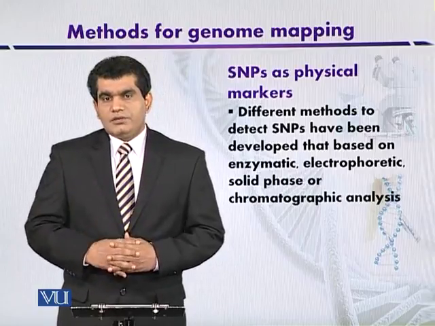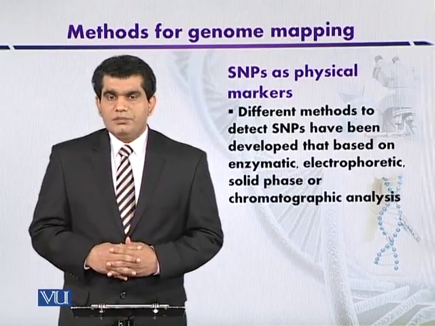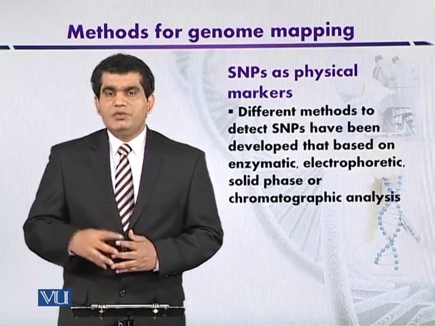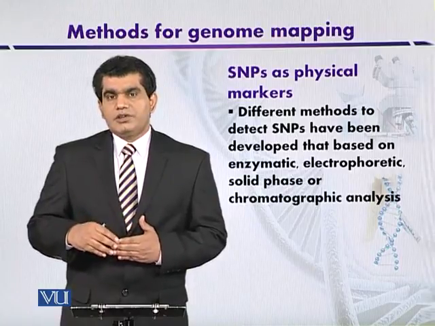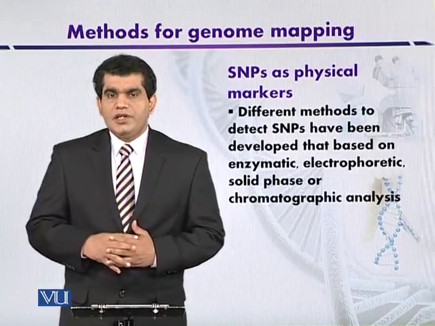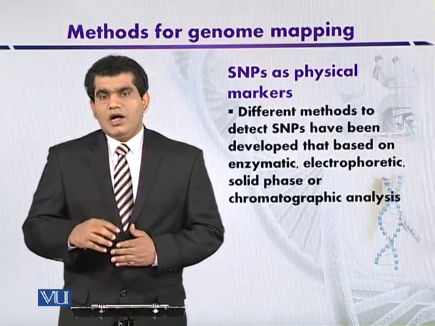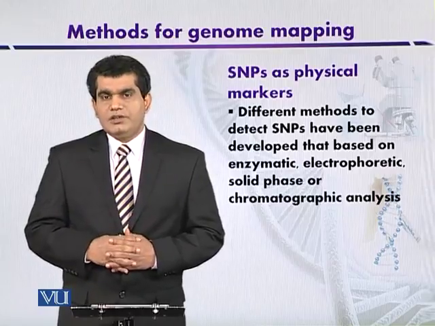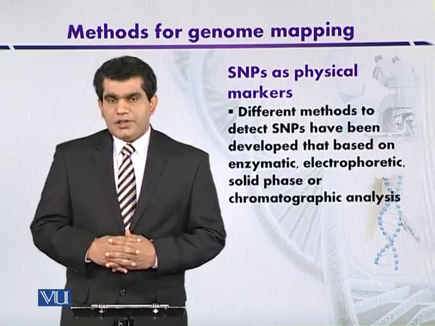Now different methods have been used to detect single nucleotide polymorphism. They may be based on enzymatic reactions, where we can use different PCR reactions. We will discuss some PCR techniques again and again that we have already discussed, related to RFLP, AFLP, RAPD, that is randomly amplified polymorphic DNA, and some other PCR methods.